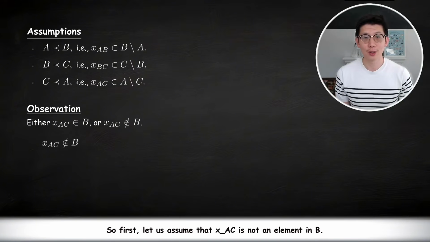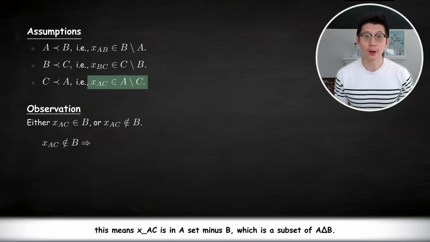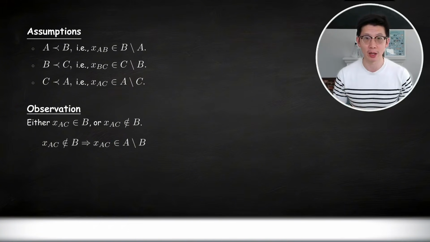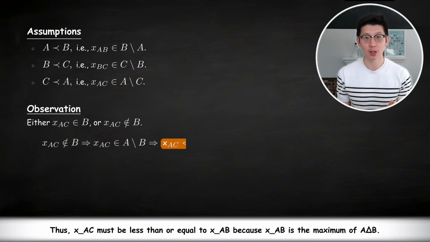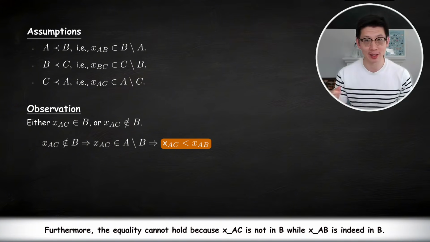So first, let us assume that XAC is not an element in B. Since we already know it is an element in A, this means XAC is in A set minus B, which is a subset of A delta B. Thus, XAC must be less than or equal to XAB because XAB is the maximum of A delta B. Furthermore, the equality cannot hold because XAC is not in B while XAB is indeed in B.